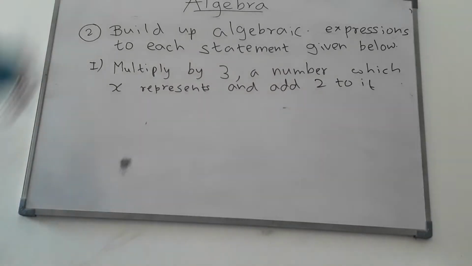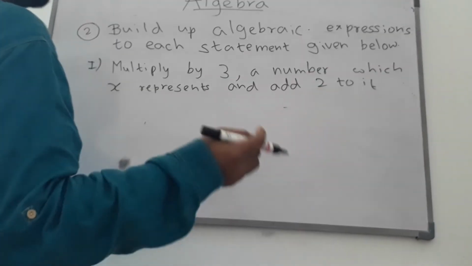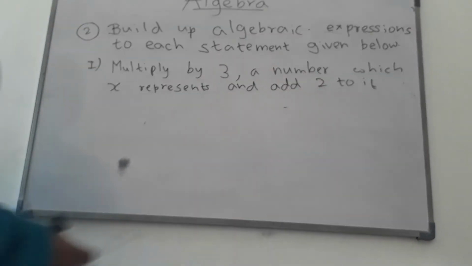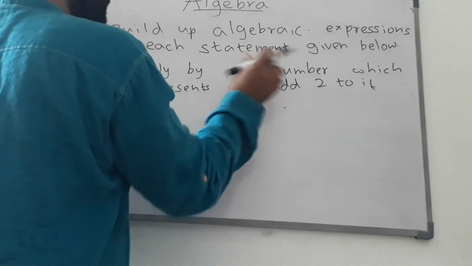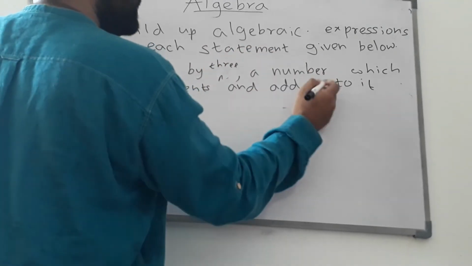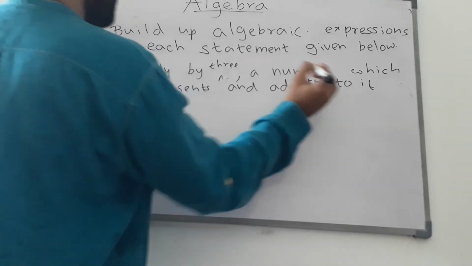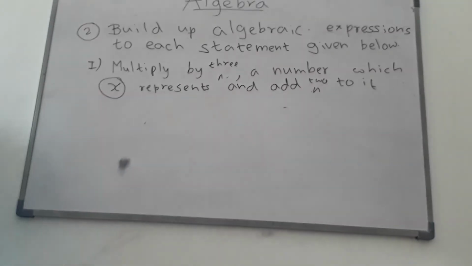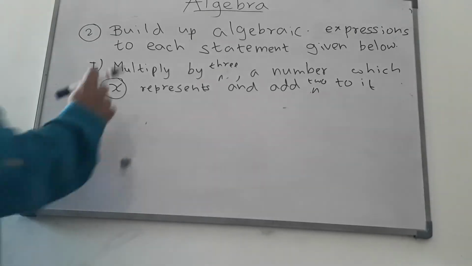Okay, multiply by 3 a number which x represents. Better write it in words. 3 and this is 2. Multiply by 3 a number represented by x and add 2 to it.